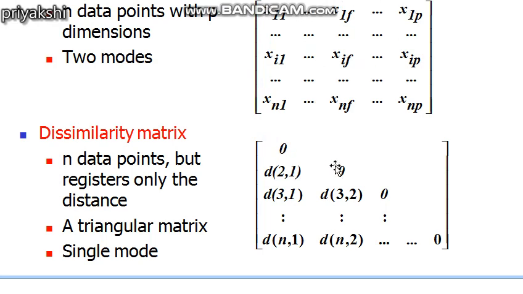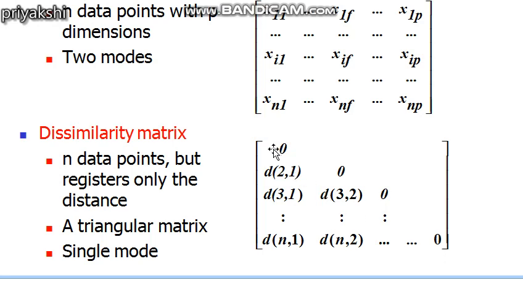The diagonal elements will always be 0. Why? Because it is D00 or D11, meaning you are computing the distance between student 1 and itself. If I compare my performance with myself, it will be 0. So all the diagonal elements will be 0 in a dissimilarity matrix.